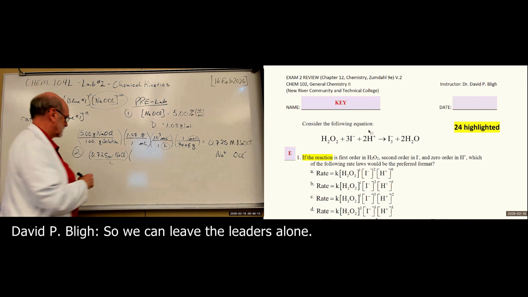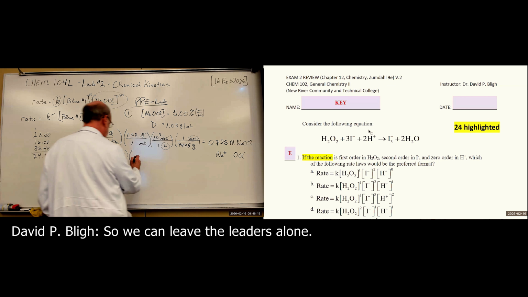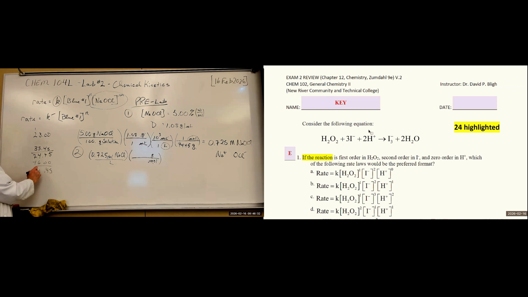0.725. So we can leave the liters alone and just change moles to grams. So sodium chloride would just be missing the oxygen, wouldn't it? 23 and 35.45, that's 58.45.